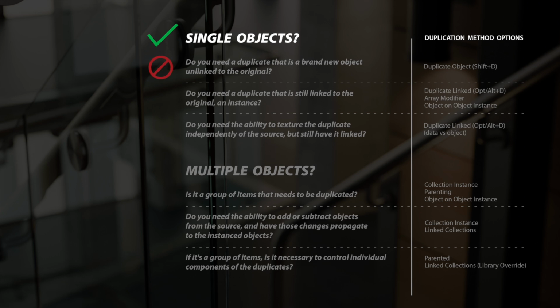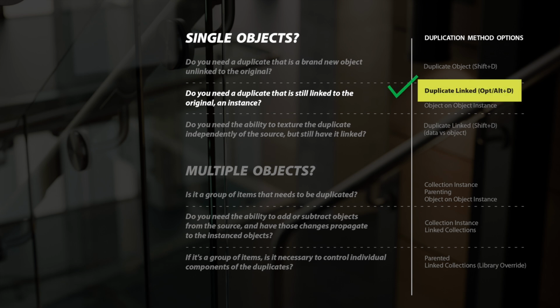No. Do we need the duplicate to still be linked to the original as an instance? Yes. And then the next question is, is this going to be something that we need to texture independently from the other instances? No, this is going to be a simple instance duplication. So in that case, that means that we can use Alt D for duplicate linked. That also gives us the ability to use an array modifier.